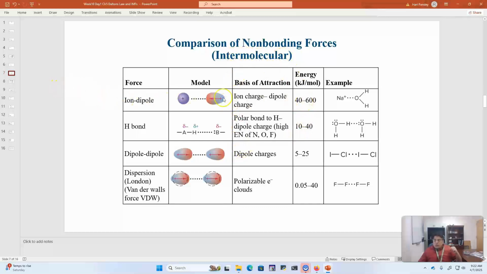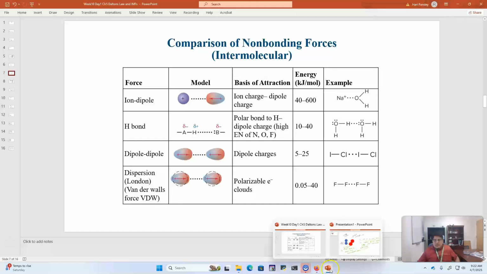Bonded forces have 400 to 4000, but the non-bonded have just 0.5 to 600. That's why they are weak. So we have ion-dipole, hydrogen bond, dipole-dipole, and dispersion. That is all the van der Waals force, these four types of forces.